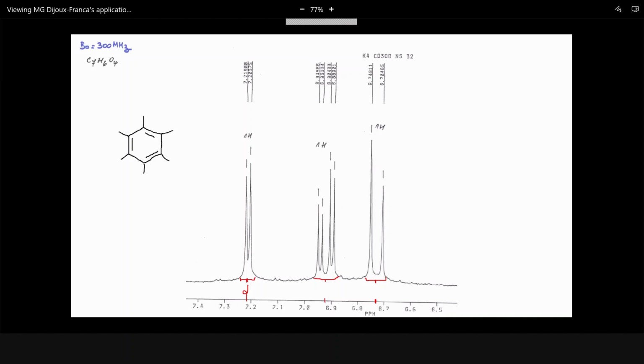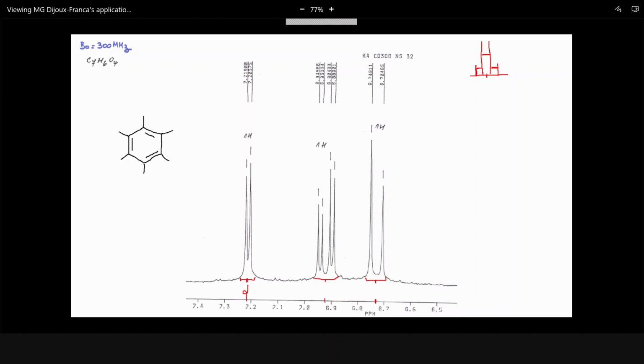Remember what we said last time? A quartet should be like this, with the same coupling constant between each line.